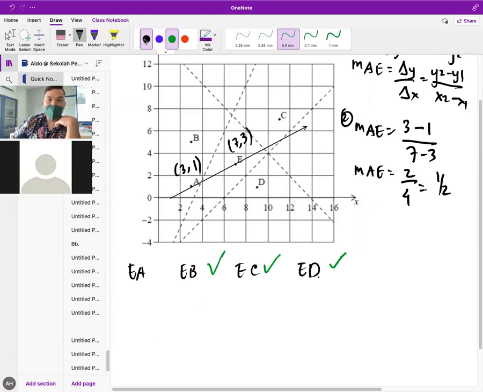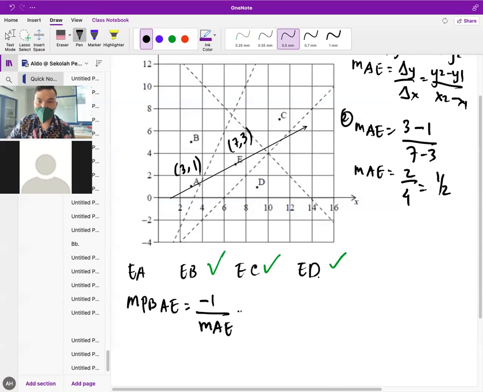So our job is to find the gradient of the perpendicular bisector of AE, which is equal to -1 over MAE, which is equal to -1 over a half, which is -2. Okay, -2.